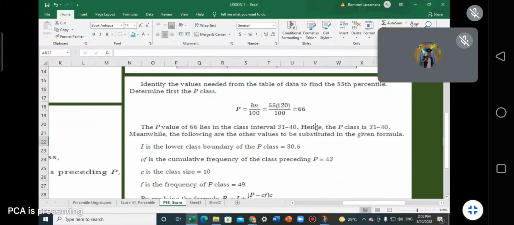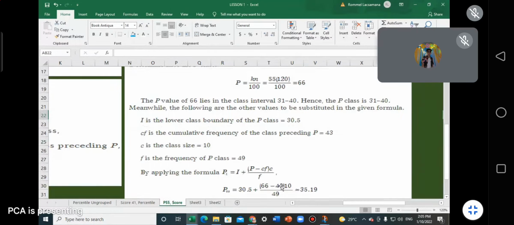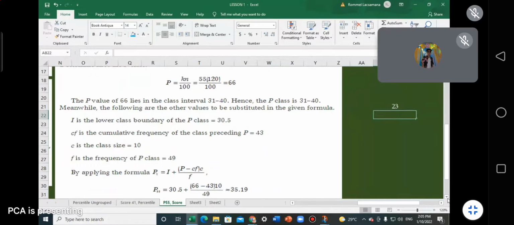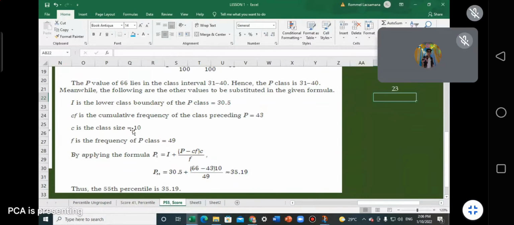So P is the cumulative frequency where your 55th percentile rank is based. 66 minus 43 is equal to 23. Then you multiply it with 10, that's the class size. And then you divide by 49, the frequency for the P class.